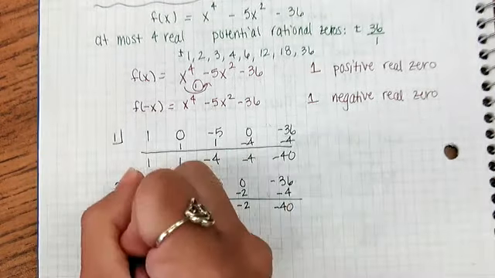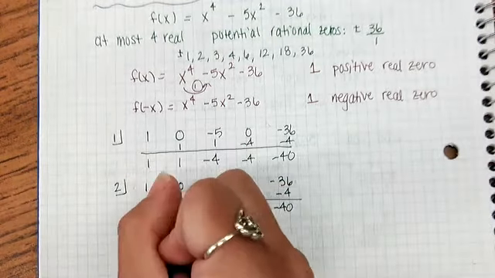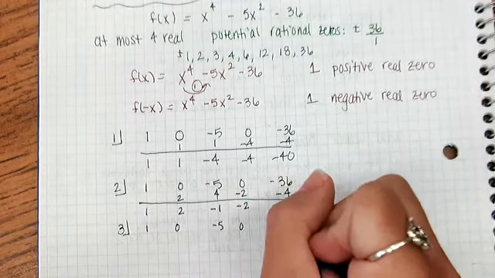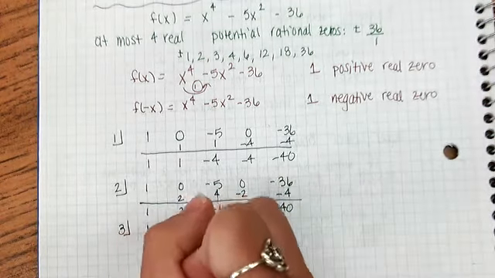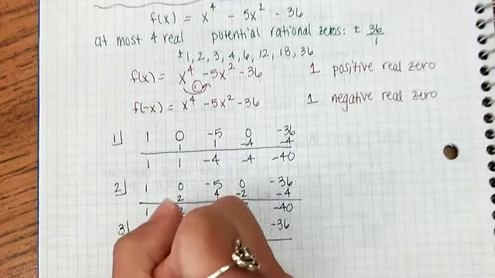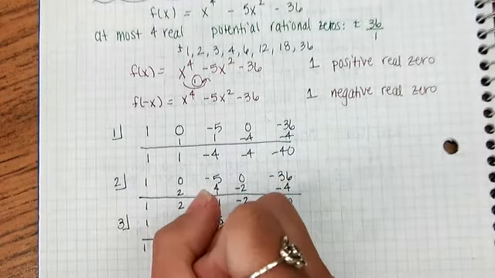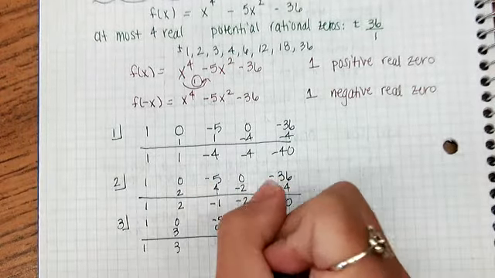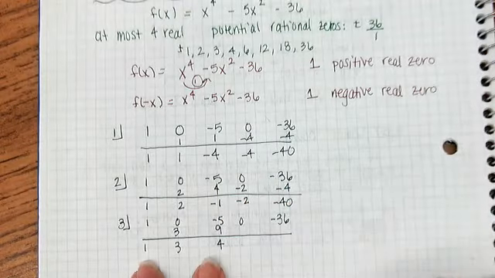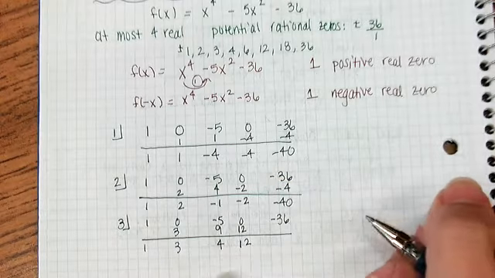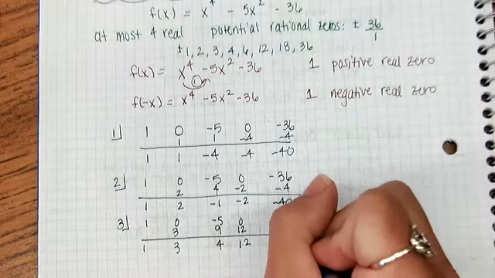Now I'm going to try 3. 1, 0, -5, 0, -36. Bring down the 1. 3, 3, 9, 4. Oh, this is good. 4 times 3 is 12. This is good. 12 times 3 is 36.